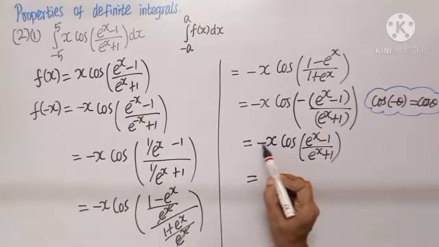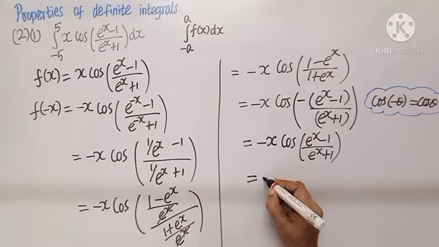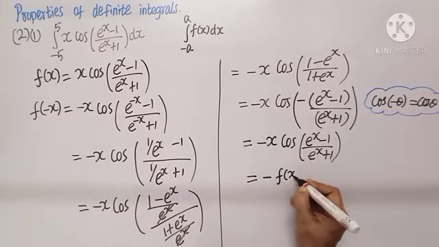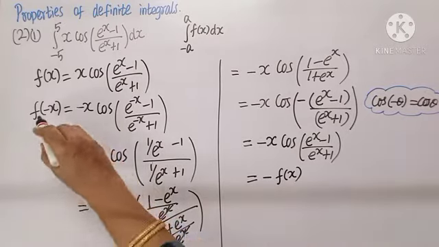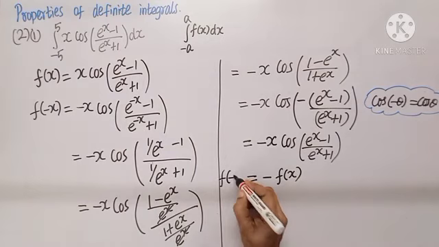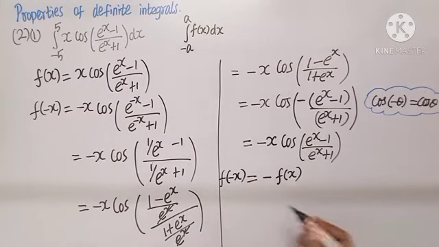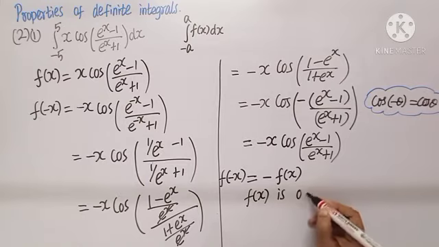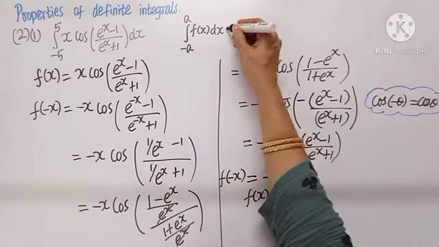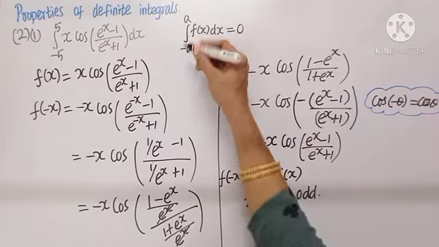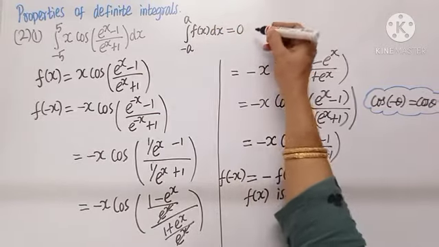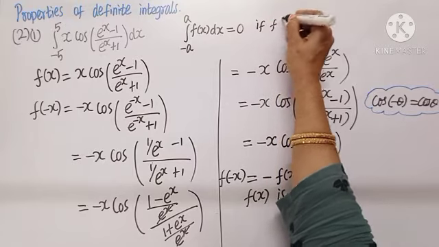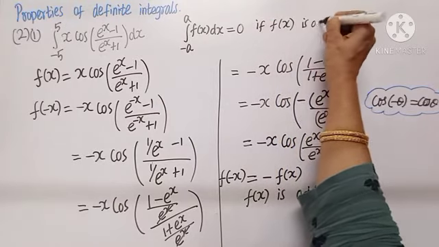The symbol is minus. So I will write minus f of x. On the LHS I have f of minus x. Whenever the sign is changing, I will declare f of x is odd. And whenever it is odd, remember the formula: integral minus a to a, f of x dx is 0 if f of x is odd.